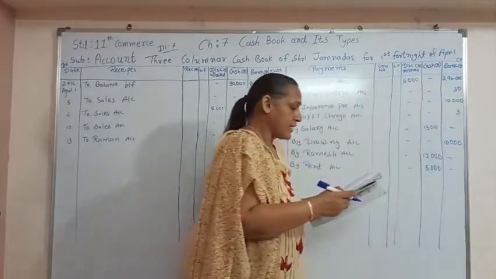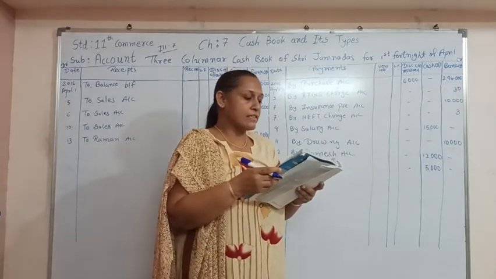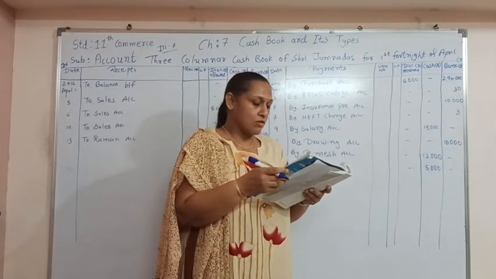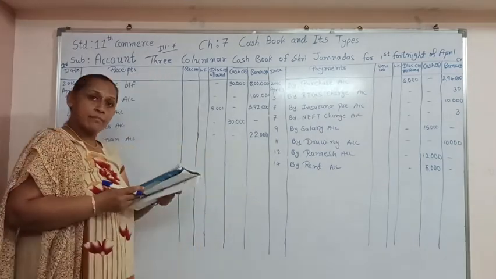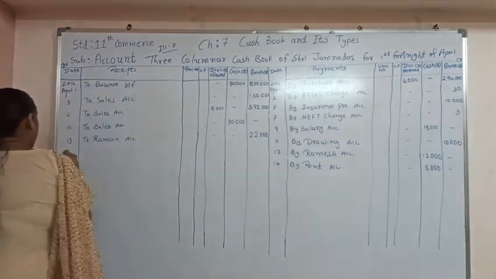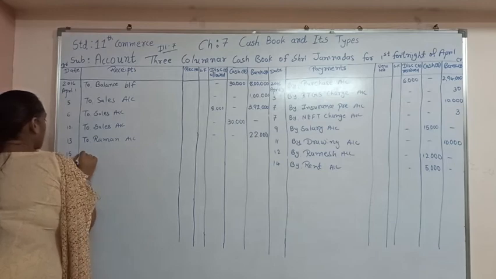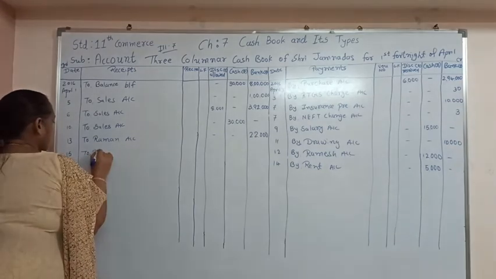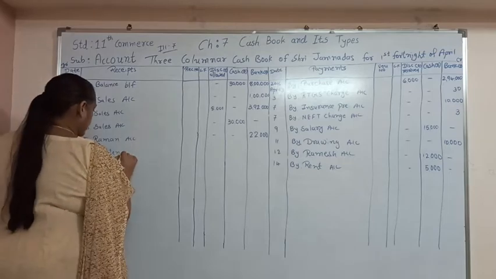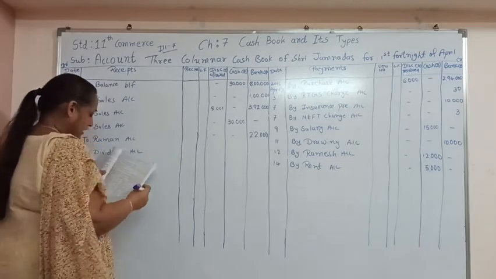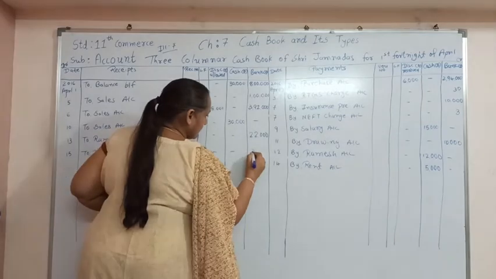Now next, on 15, bank has credited rupees 3,000 of dividend. Dividend received is our income, and it will be debited in the cash book. So on 15, to dividend account, and the amount is 3,000.